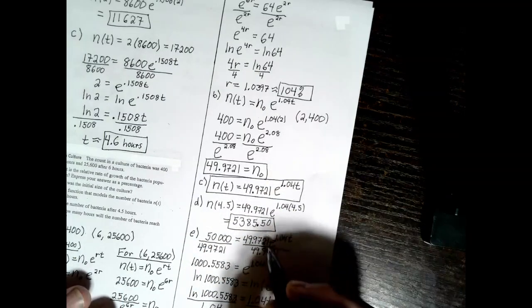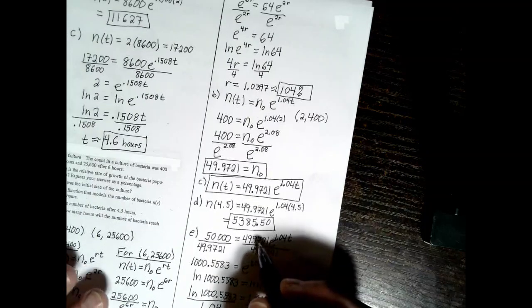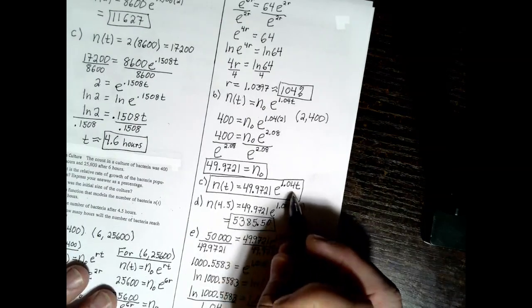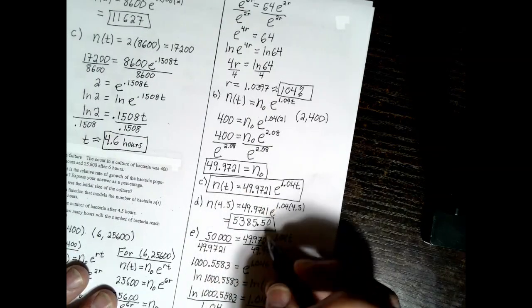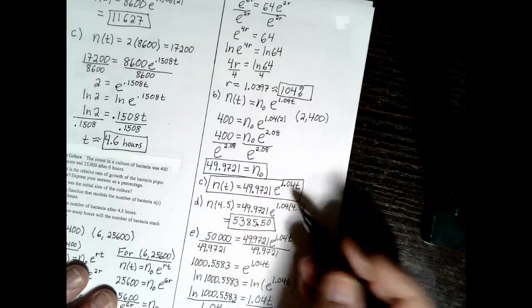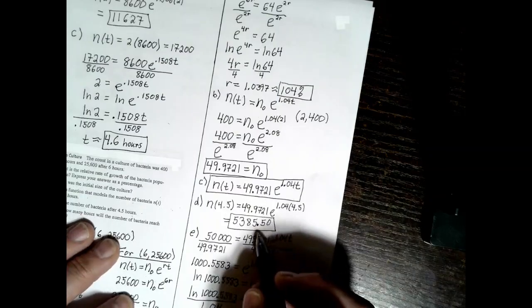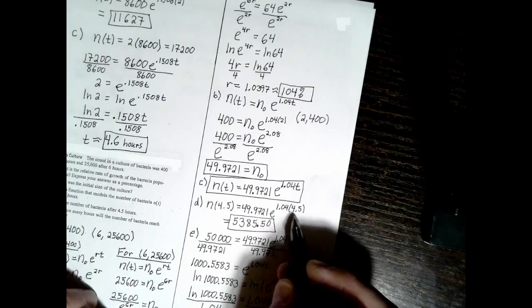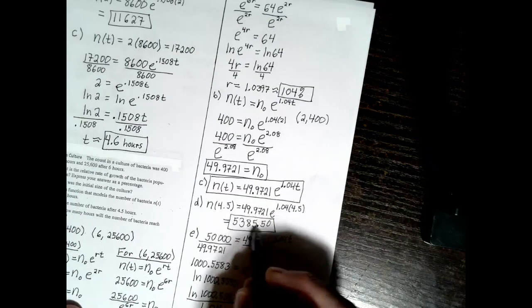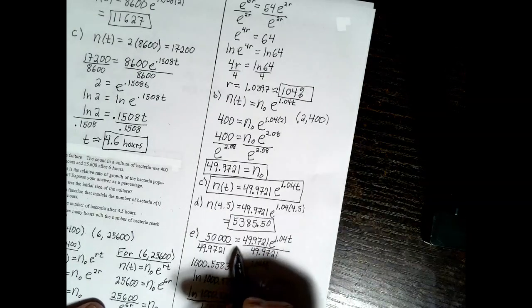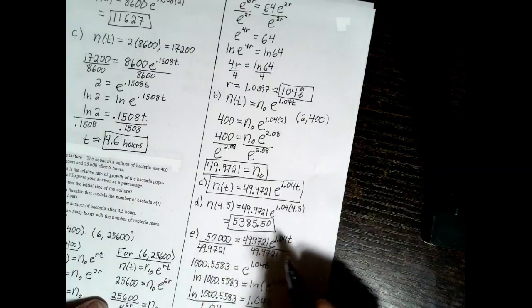So now D and E are just asking you to plug in t and figure out what n of t is, or they tell you what n of t is and figure out what t is. So D says how many bacteria after 4.5 hours. So you plug in 4.5 for t and you multiply it out. E says how long will it take for them to create 50,000 bacteria.